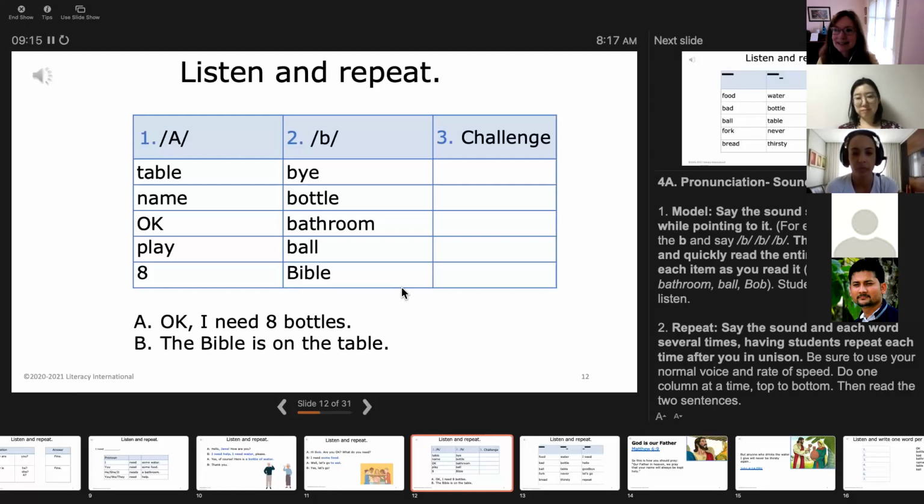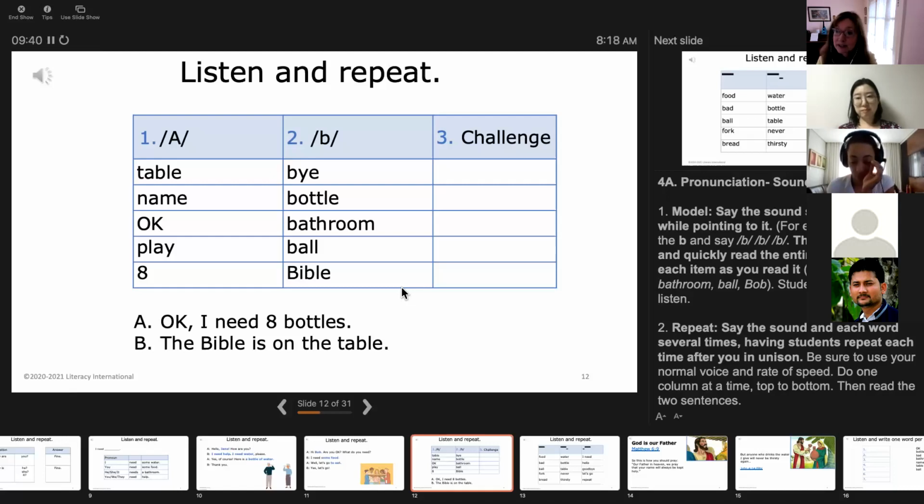There are going to be certain sounds that students may not be able to pronounce for a couple of years. And we don't want to spend too much time frustrating them with something where their lips and tongue and mouth are just not coordinated yet to make those sounds, especially sounds that don't exist in their own language.